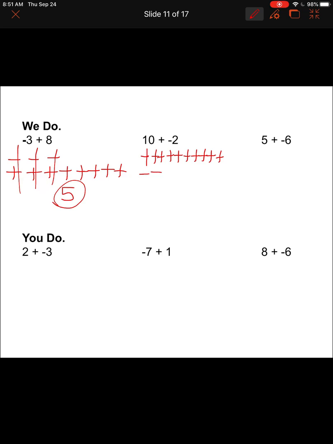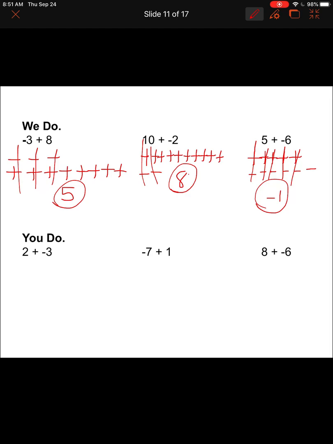And then 2 negatives. Cross out your 0 pairs, and you're left with 8 positives. 5 plus negative 6. We have 5 positives, and then we have 6 negatives. Crossing out your 0 pairs, we are left with 1 negative. Okay, go ahead and do the you do problems.